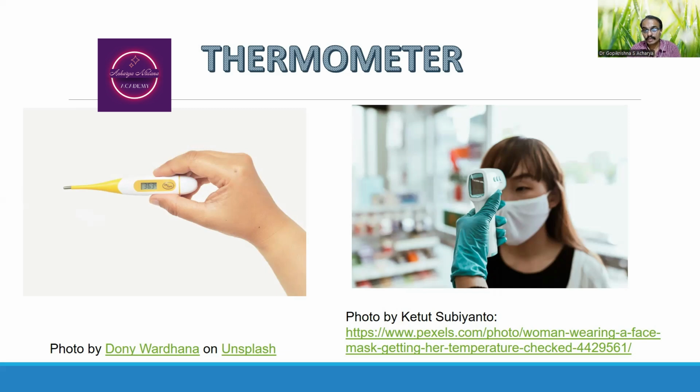Further, there is the temperature gun, which is being used nowadays, so that without any physical contact with the patient, we are able to check the temperature of the individual.